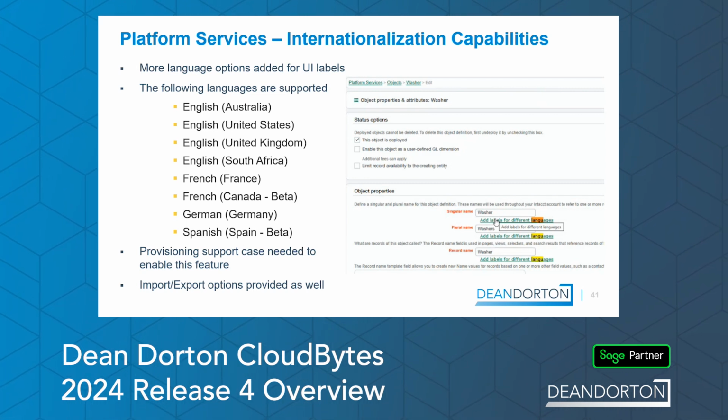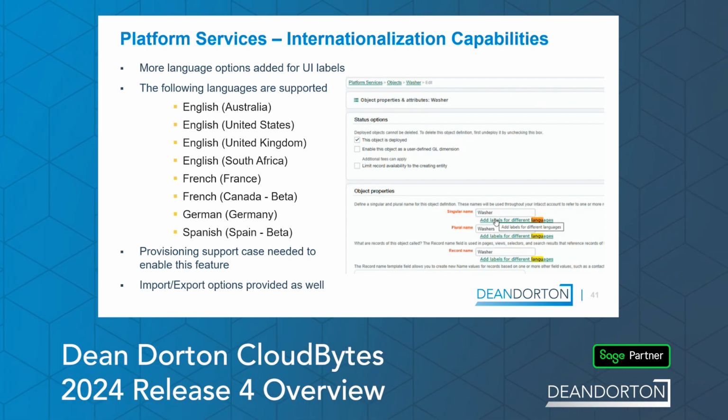So as you can see here, more language options added for the UI labels. The following languages are supported. So we're just adding more language capabilities inside of Intacct as it expands more internationally.